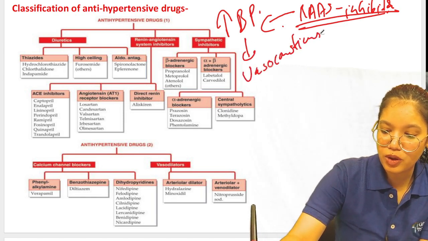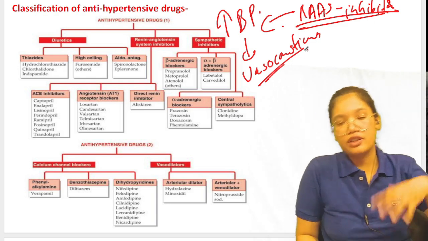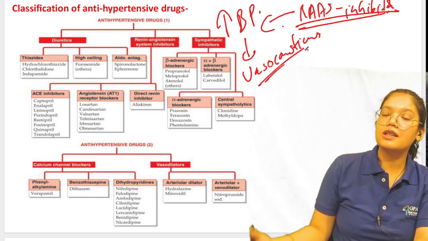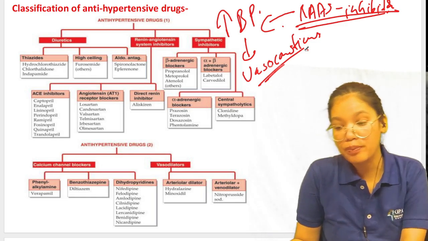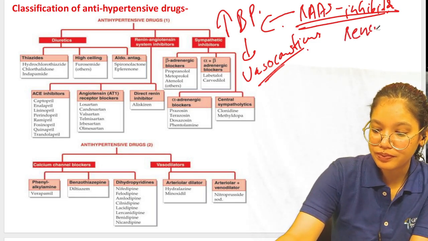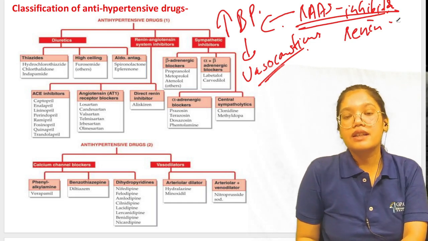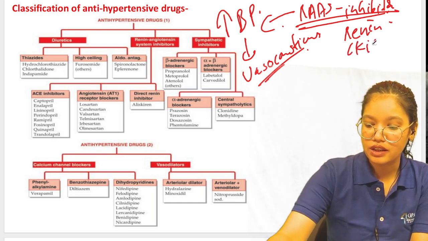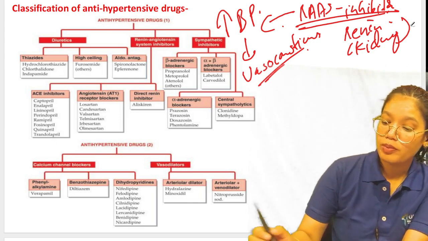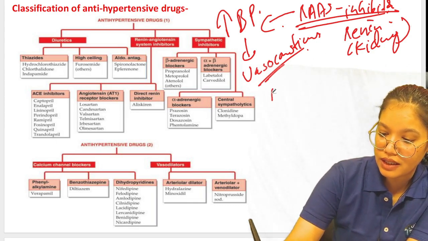By inhibiting this RAS system, we can control our BP. There is an enzyme called renin that is secreted by our kidney.